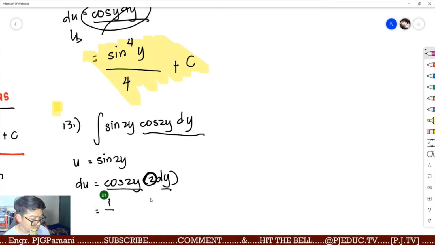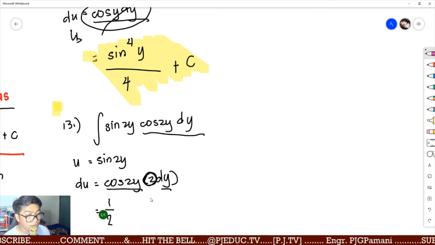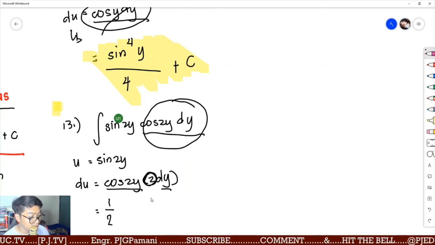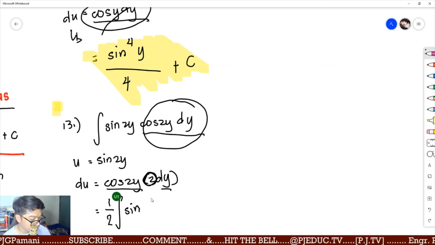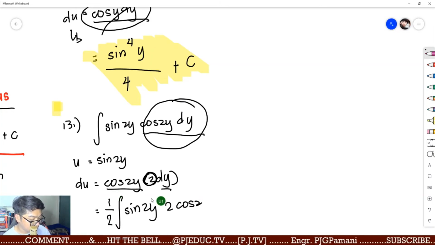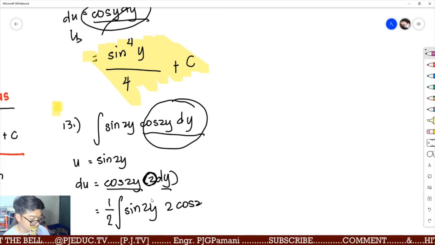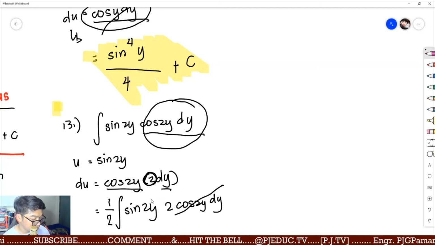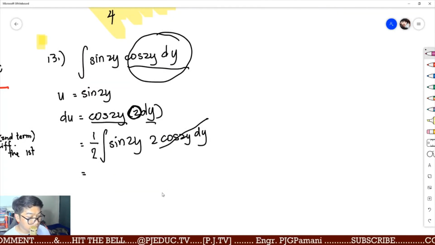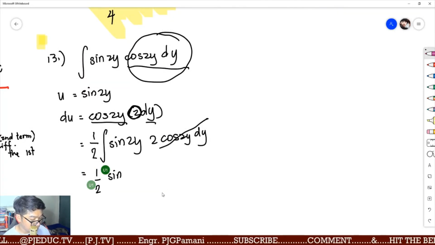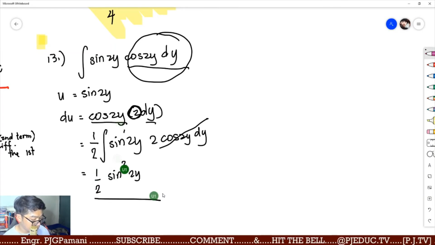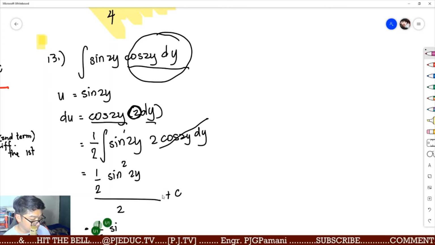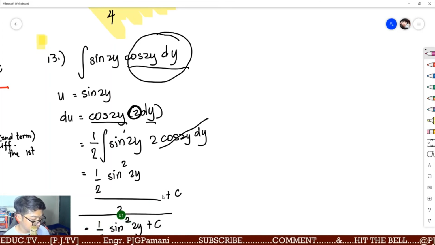So we need to introduce a correcting factor of 1/2 for us to be able to remove this 2. That is now 1/2 sine 2y of 2 cosine 2y dy. So matatanggal na yan. So basically, that is now 1/2 of sine 1 plus 1, 2, 2y over 2 plus c, or that is 1/4 sine squared 2y plus c.